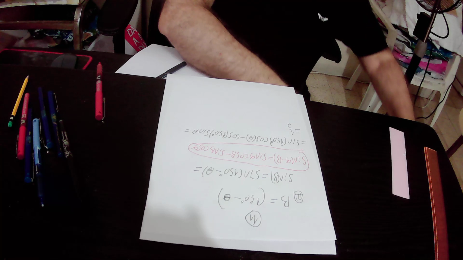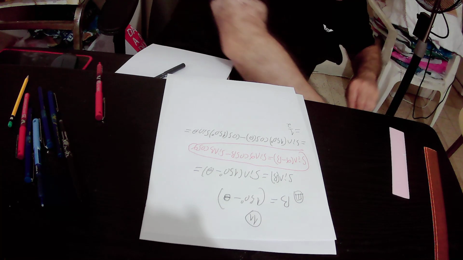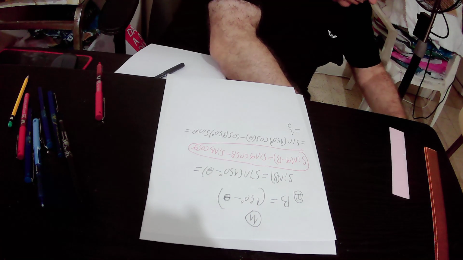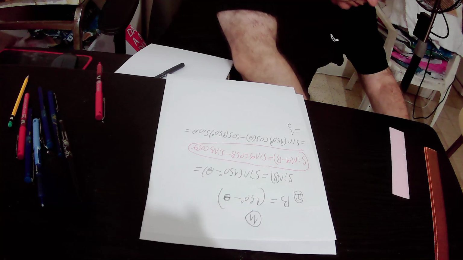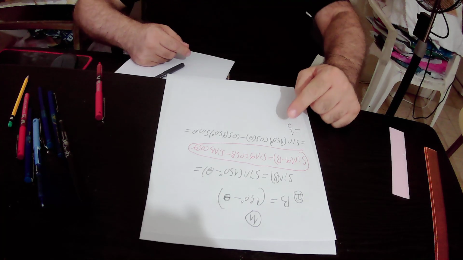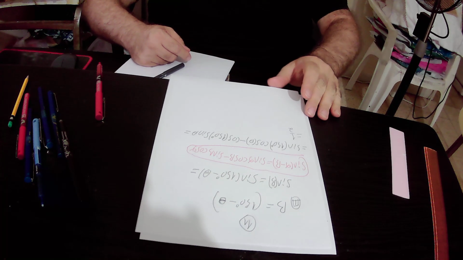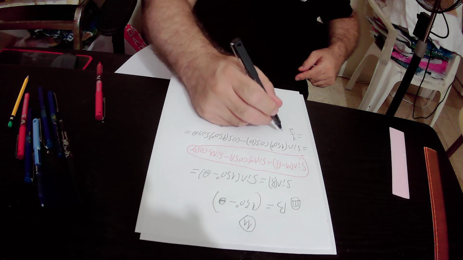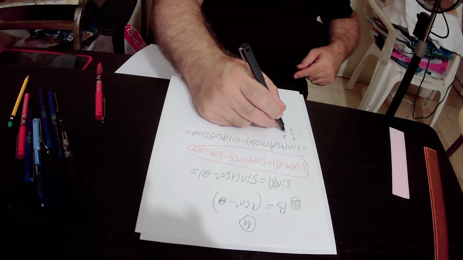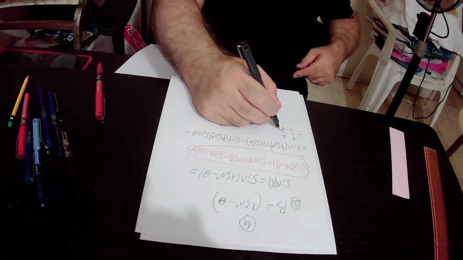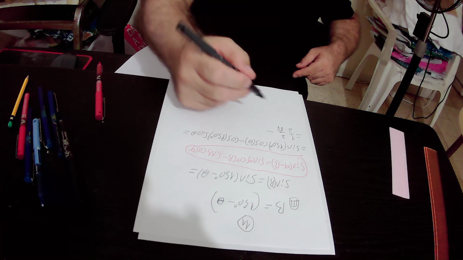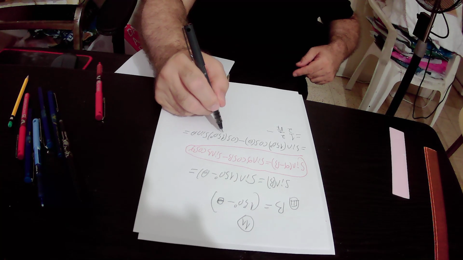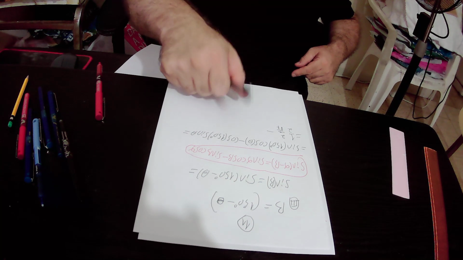Okay, so we have here sinus 150 degrees times cosinus theta, and the value of cosinus theta is 2 over root 7, minus cosinus 150 degrees.